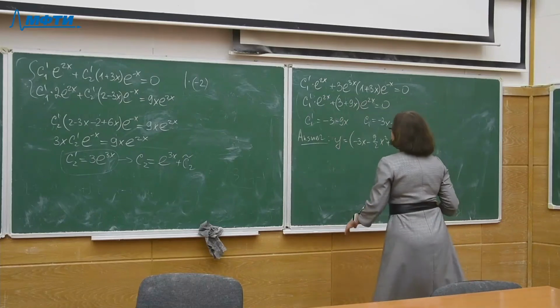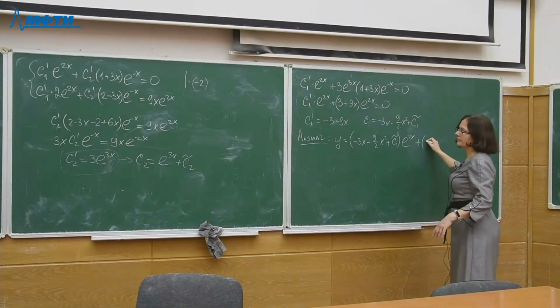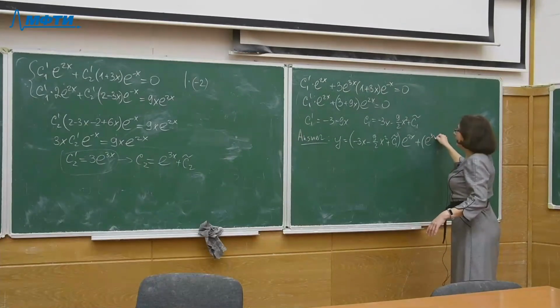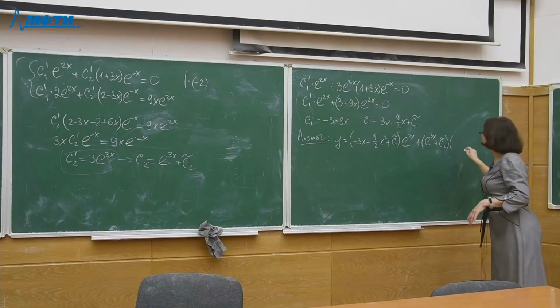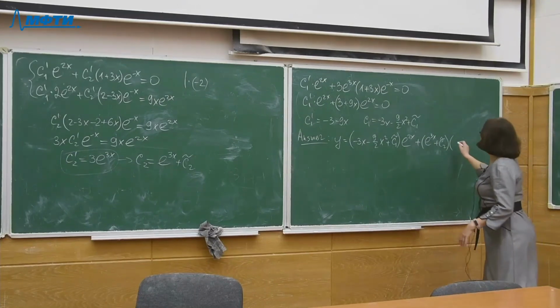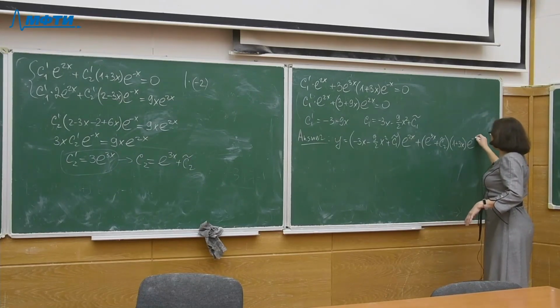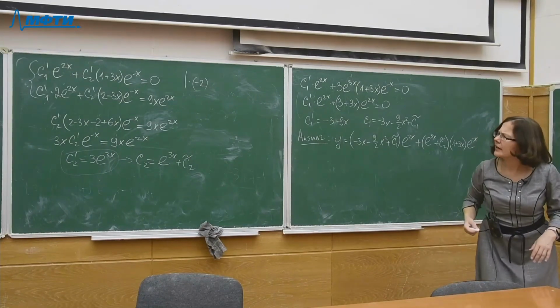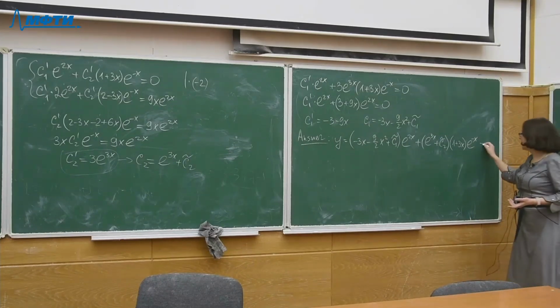And C2 times (1 plus 3x) e to the power negative x. Okay, we can simplify this if we want.